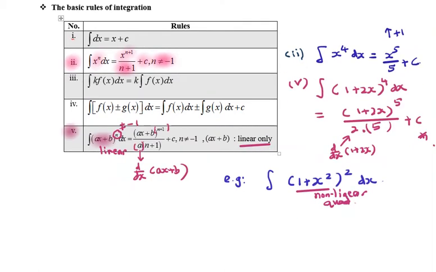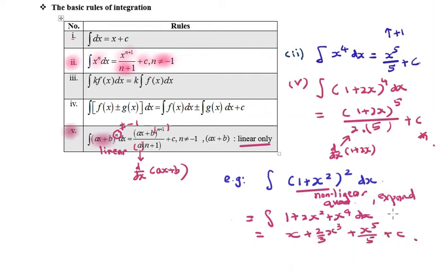We cannot apply this rule. This rule is strictly for linear only. So what we do for this case, we should expand first. Expand the square. We have 1 plus 2x squared plus x power 4 with respect to x. Then we integrate.